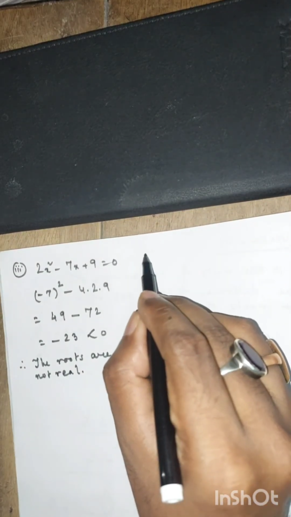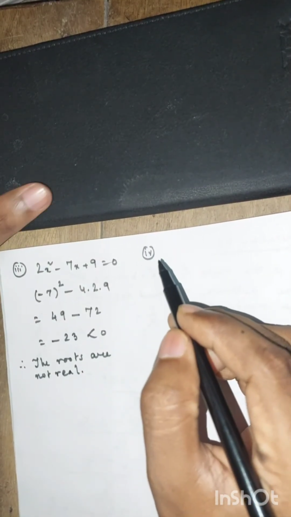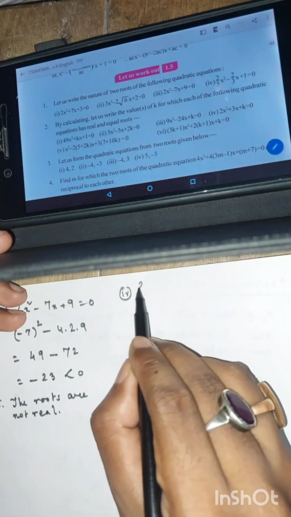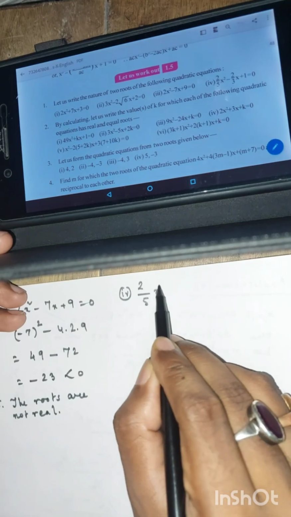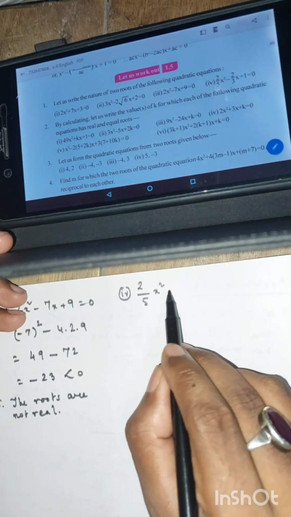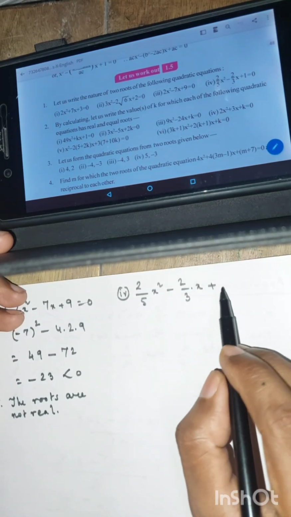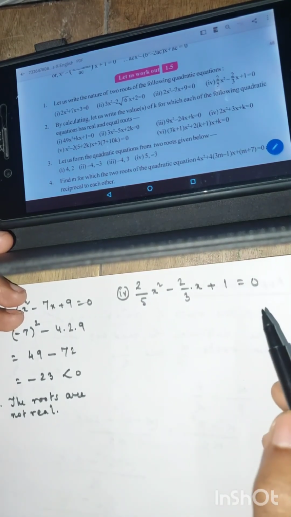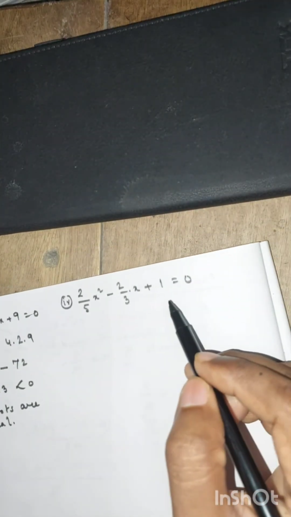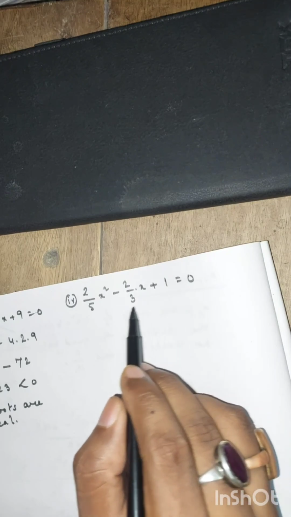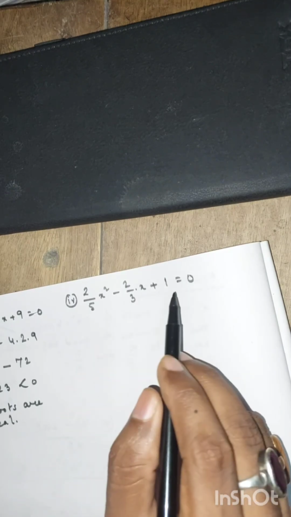Now Roman 4. Let us multiply both sides of this equation by 15.